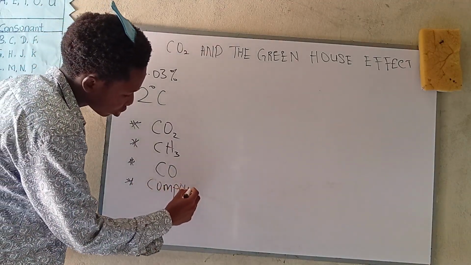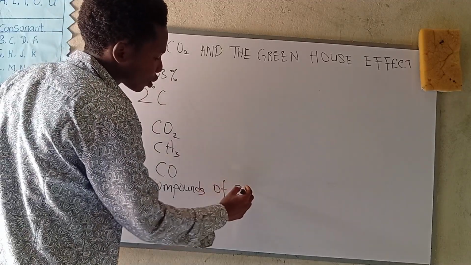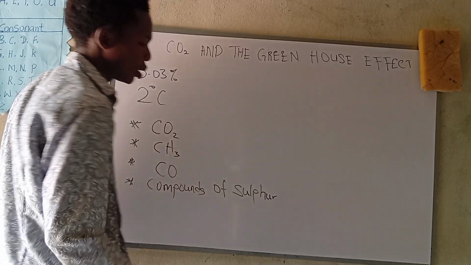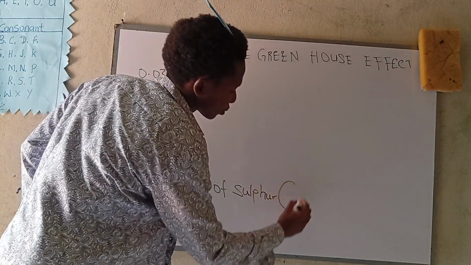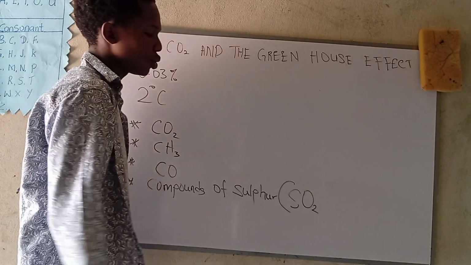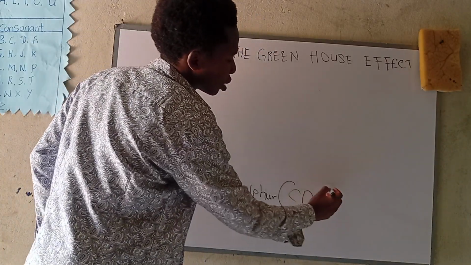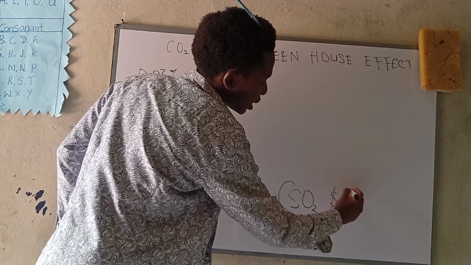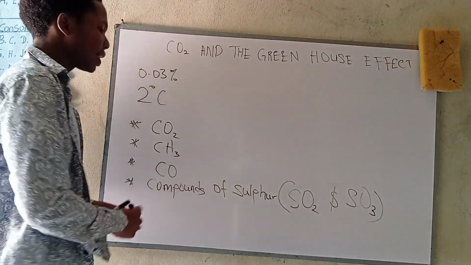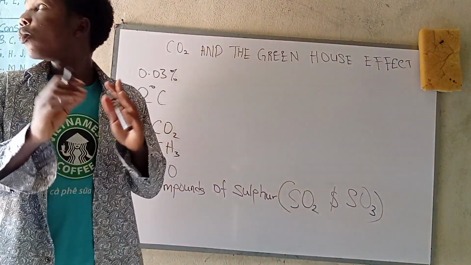compounds of sulfur, e.g. SO2 and SO3. Okay, these are the compounds which are responsible for global warming.